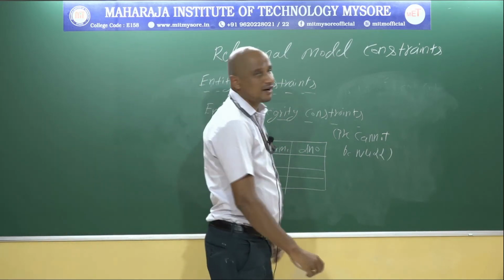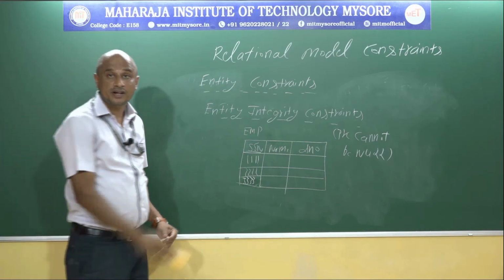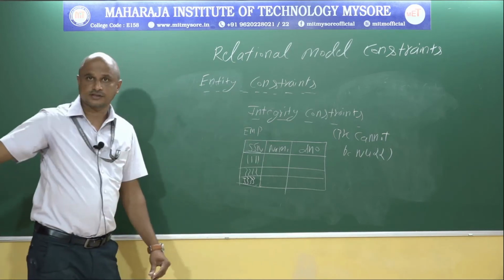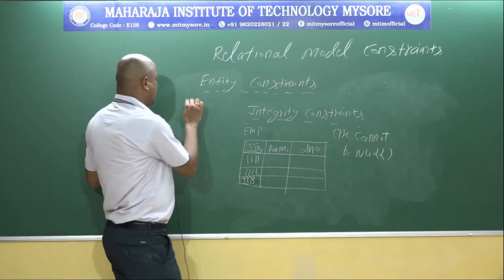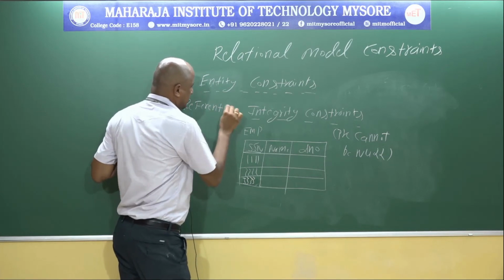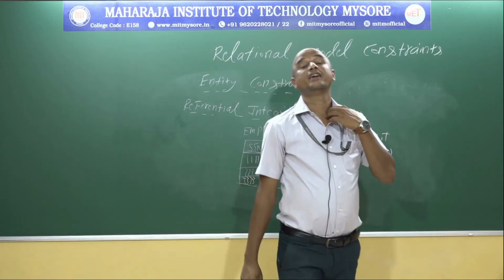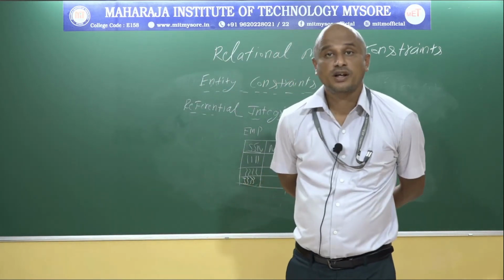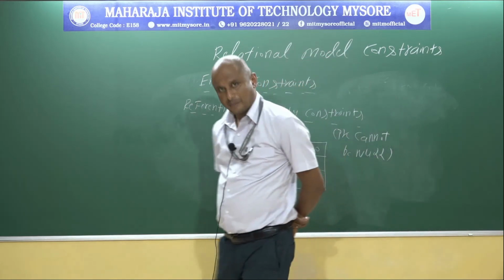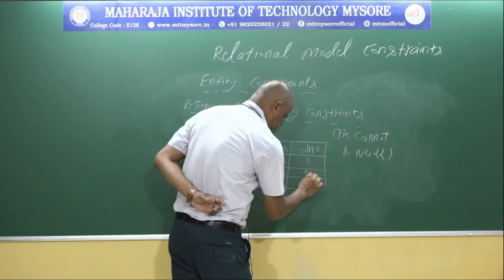We have another rule, that is the referential integrity constraint. I will take the example of the employee table again, with values 1, 2, 1.